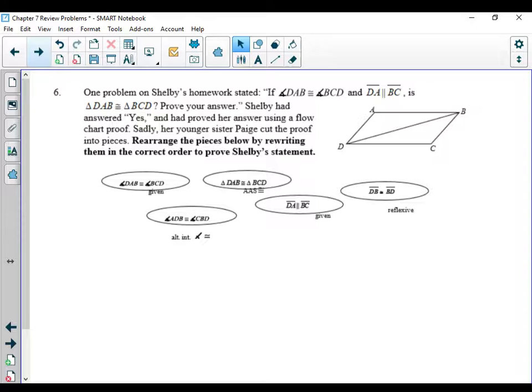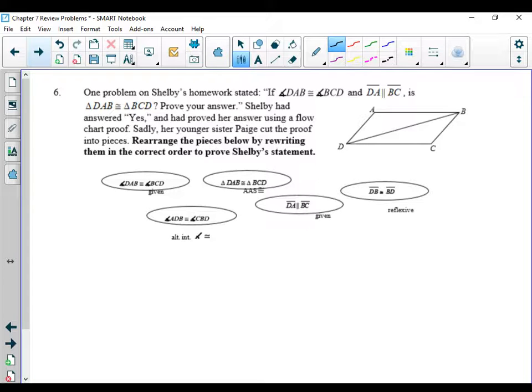What you have to do is take all the statements and reasons that are up here, all the parts of our proof. So you don't have to add anything to your proof. But you're going to rearrange those into an appropriate proof. For instance, every single bubble there is going to be rearranged into a new proof.